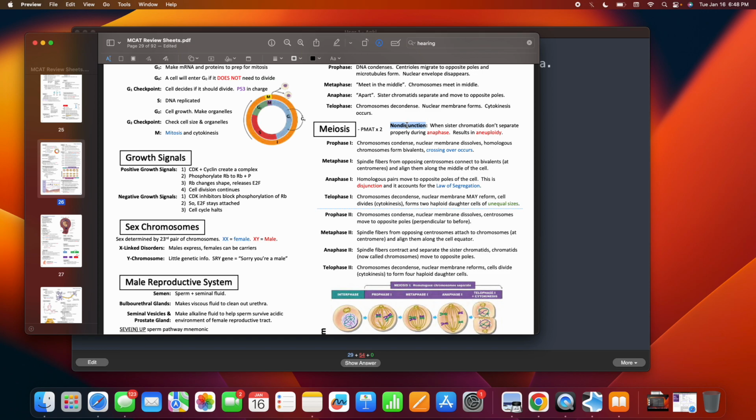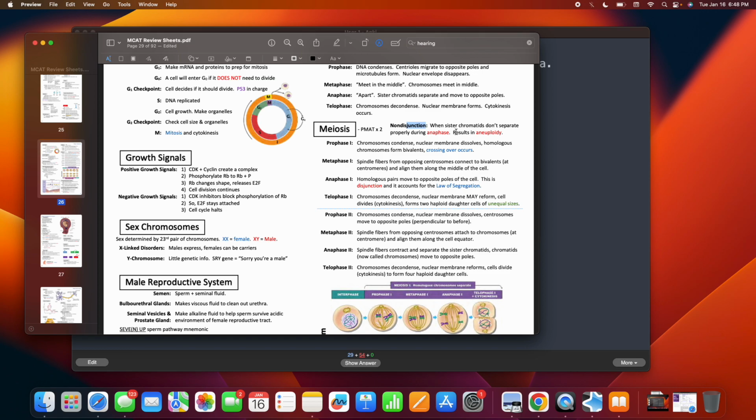So again, non-disjunction. This gives the feeling of a double negative. Non is one negative, dis is another negative. We have junction, which doesn't mean that it is at the end of the day a junction. So when sister chromatids don't separate properly during anaphase, it results in aneuploidy.